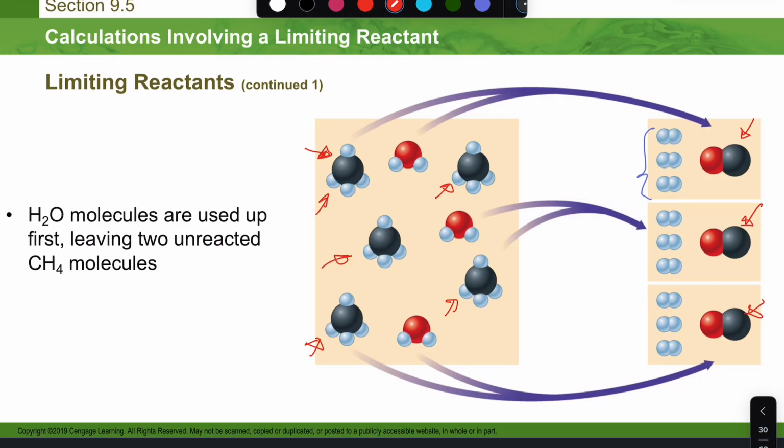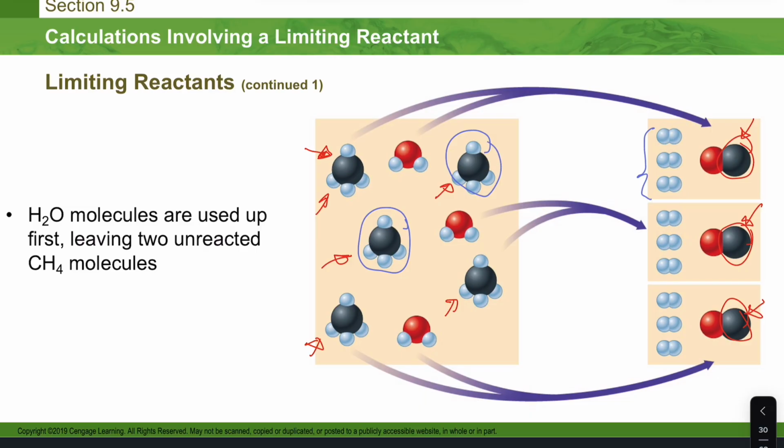Now, as this reaction occurs, there are only 3 carbons in the product at the end, which means that 2 of these are going to be left over. That means that this is our excess reagent, which means that the other reagent is going to be our limiting reagent.